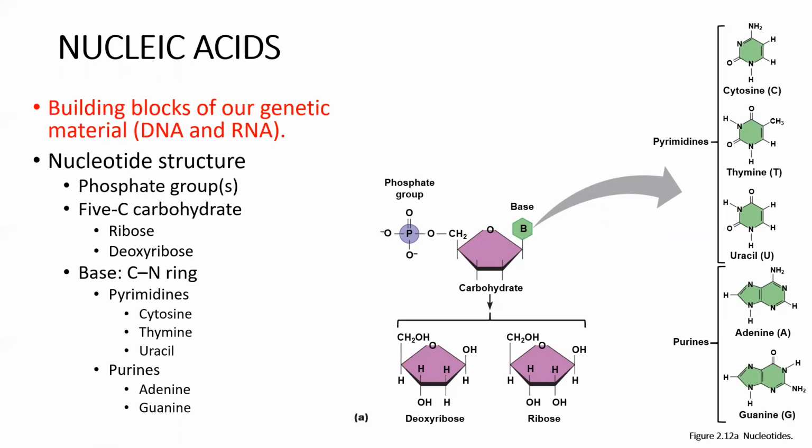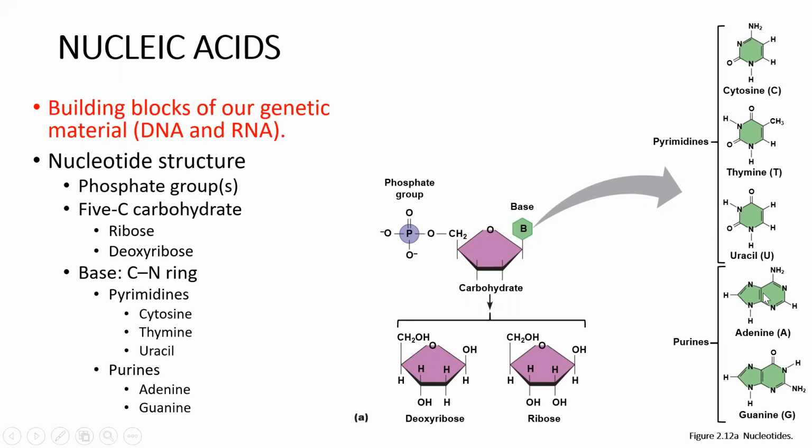So if it has a cytosine attached as that base, if it has a thymine attached as that base, or a uracil attached as that base, this is going to be a pyrimidine, right? So a pyrimidine is a subclass of nucleotides that have either cytosine, thymine, or uracil as their functional base attachment. The purines are going to have a double ring structure.